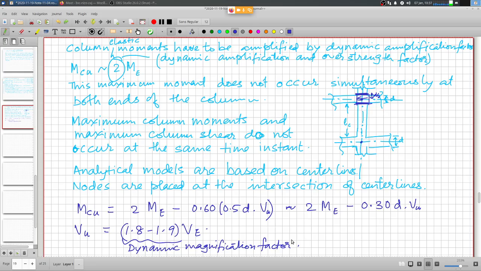Right? Or we can also work it out on the basis of the elastic moment, what is the total moment here at this end and what is the total moment here, the moments that are calculated, and then find out the sum of the two moments, just like we have in the case of beams. Based on this we can find out what the shear force should be.